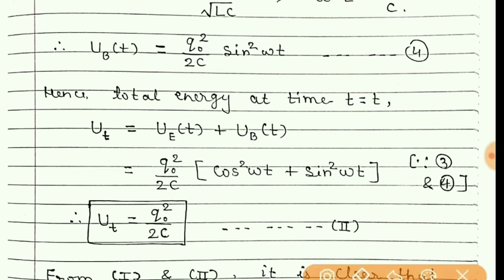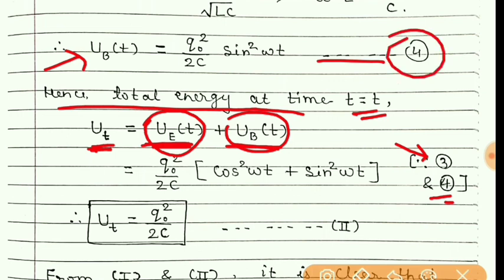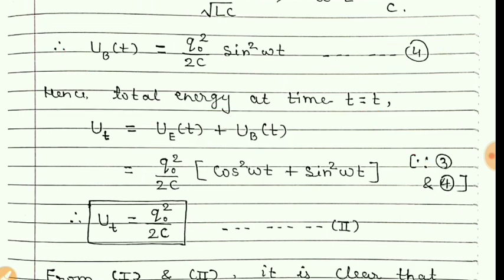So now total energy at time t, which is represented symbolically as Ut, is the sum of the energy associated with capacitor as well as with inductor at time t. Now putting value of Ue at time t from equation number 3 and UB at time t from equation number 4, in both those equations, q naught square upon 2C is common.